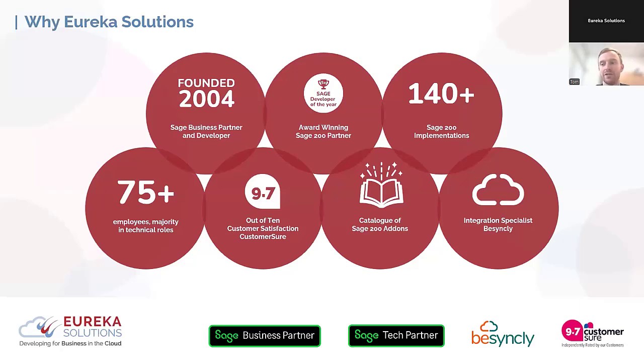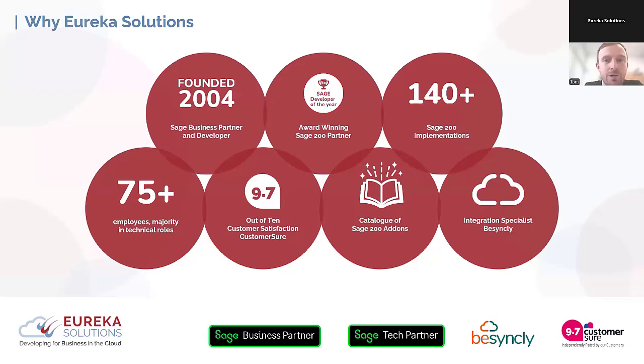And that comes into our two founding core principles, which are technical expertise and customer service. They are in the whole blueprint of the business. It's ingrained into every member of staff, to which we've got over 75 now and probably approaching 80 staff. And the majority of these are actually in technical roles.